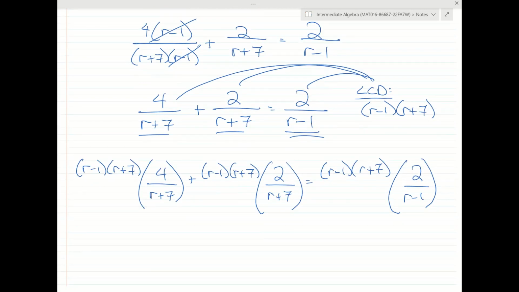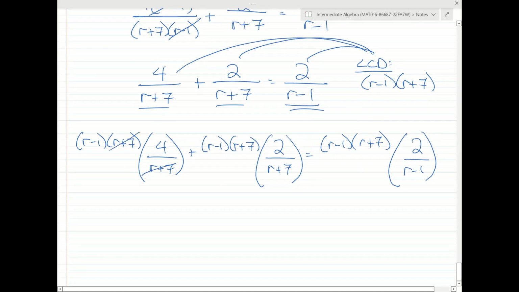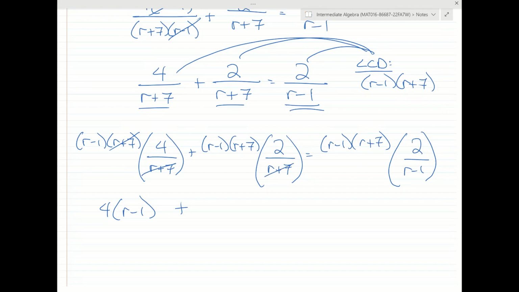We can cancel out our denominators. And then just 4 times r minus 1 plus the r plus 7s cancel. Then the r minus 1s cancel.